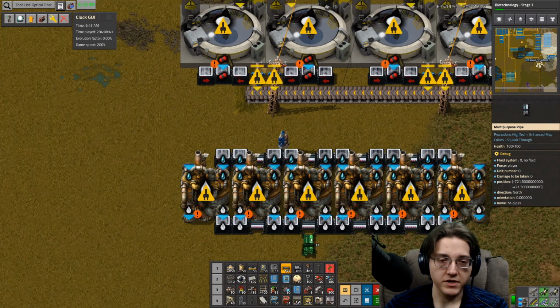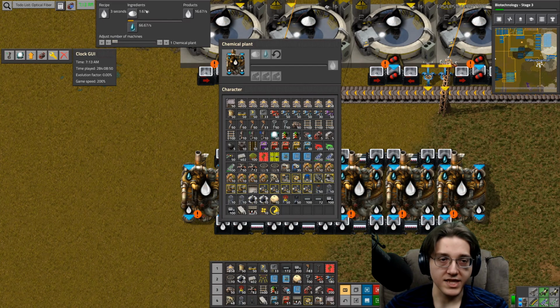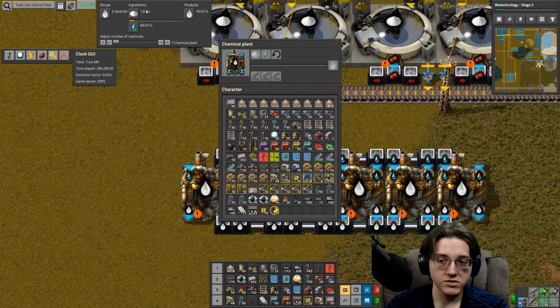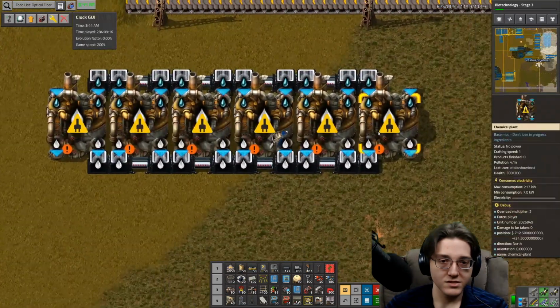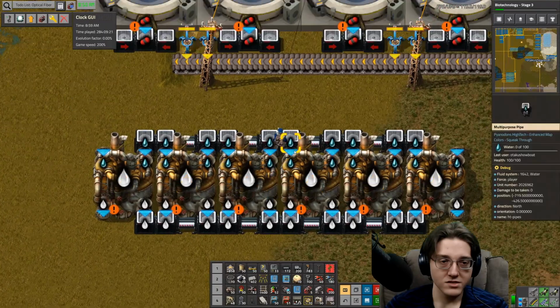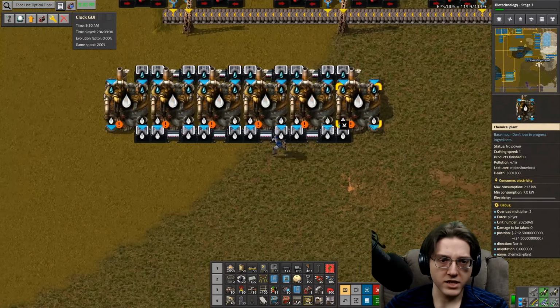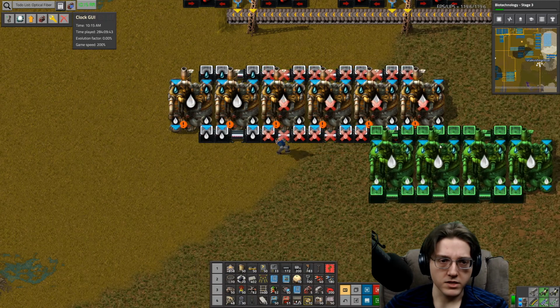I really don't like having to use long-handed inserters, especially when I'm moving that much. I'm going to space this out a little bit, just because I want to use regular inserters here.